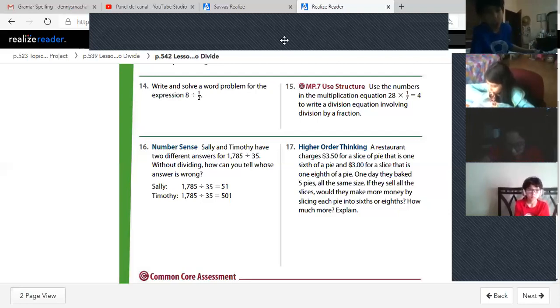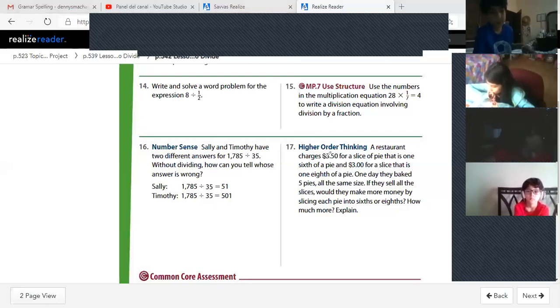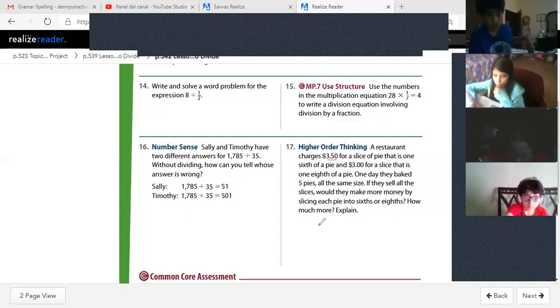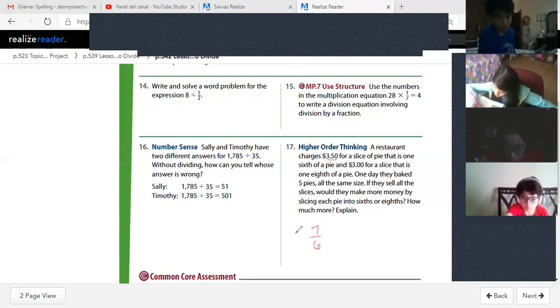So the first one costs $3.50 per slice, right? How would you represent this? That is 1/6 of a pie. This one is the one that costs $3.50, yes or no, guys?